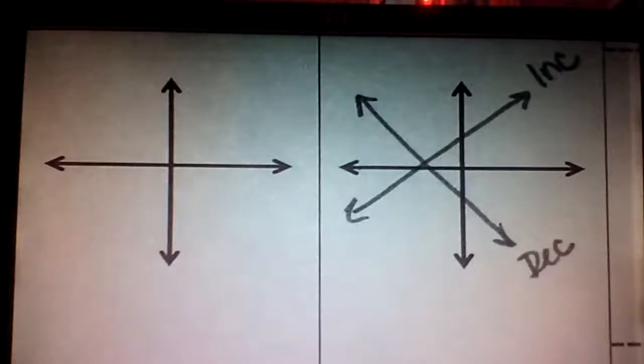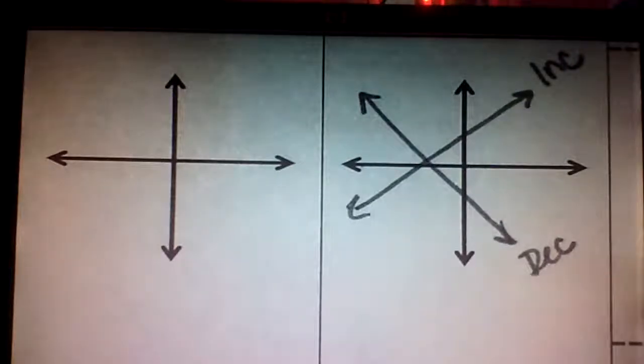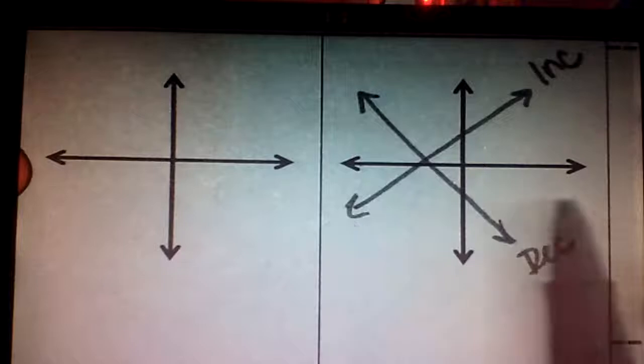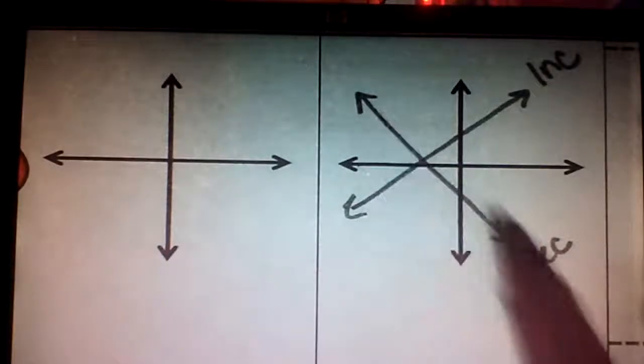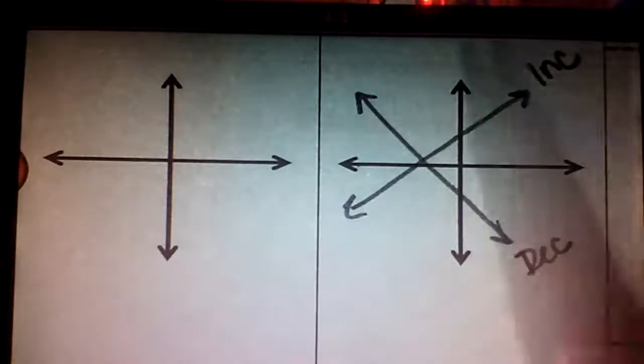Yes, I know there are linear lines that are vertical and horizontal, but we're going to look mostly at increasing and decreasing lines. You read a mathematical graph just the way you read a book, from left to right. So this line, as I go from left to right, it's going up. This line, as I go from left to right, it's going down. So that's your increase versus your decrease.